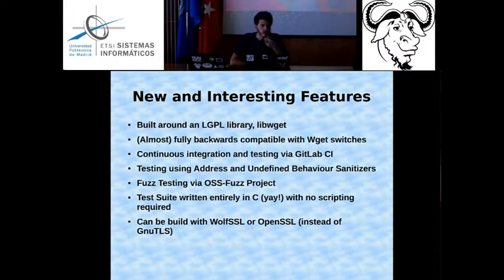We also use Valgrind for memory leaks. Also, we have fuzz testing via the OSS-Fuzz project, which is also very helpful. The test suite is written entirely in C with no scripting. This is a difference from WGET1, because there the test suite was written in Perl, and now it's all C.